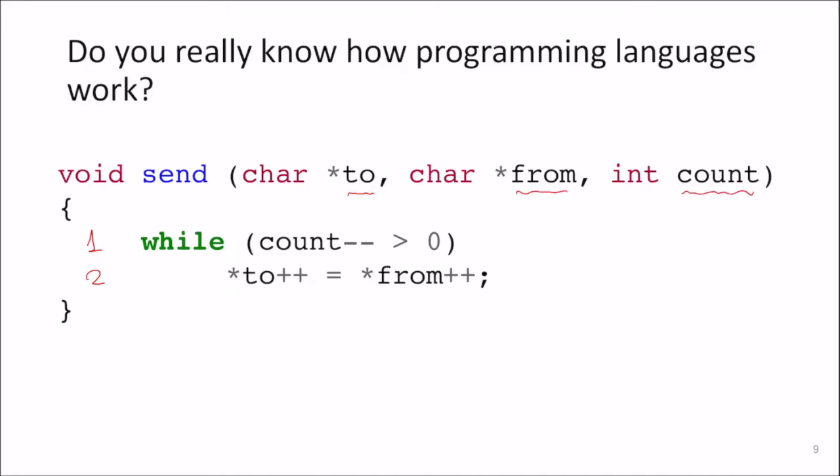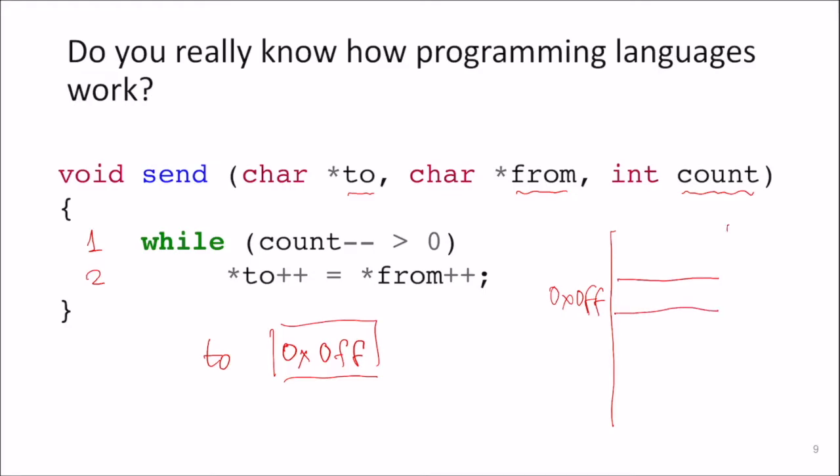If the variable to contains a pointer, often pointers are written in hex, so I'm just going to do that. Let's say that to has the value 0x0ff. Somewhere in memory there is 0x0ff, and this is the first. If this is my memory, then to is pointing to this position over here.